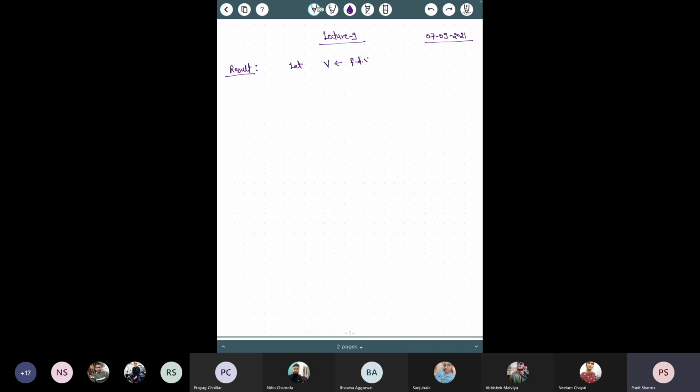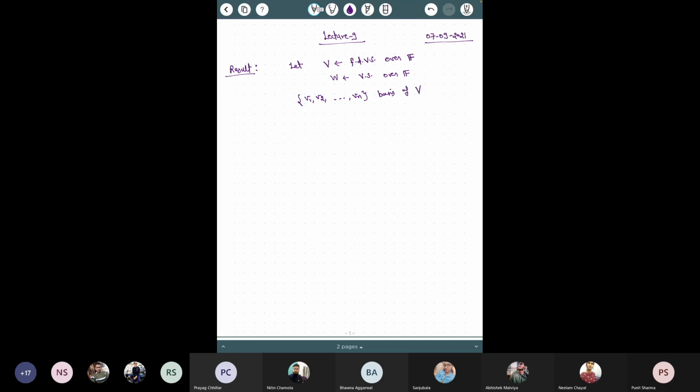So V is a finite dimensional vector space over F, and W is any vector space over the same field F. Since V is finite dimensional, assume that we have a basis for this vector space, let's say V1, V2, and so on up to Vn. This is a basis of V.